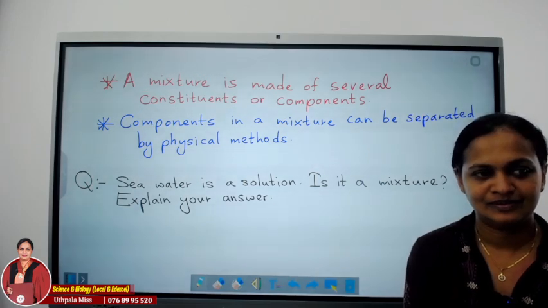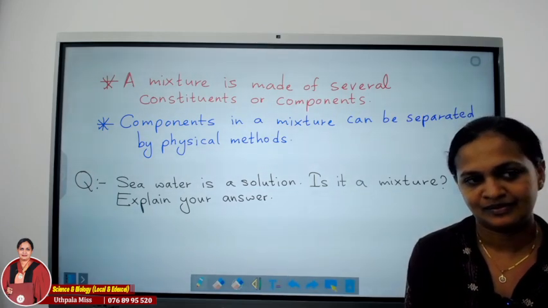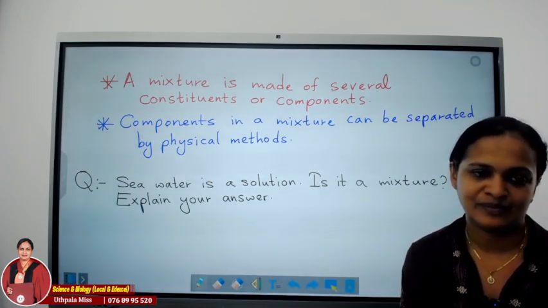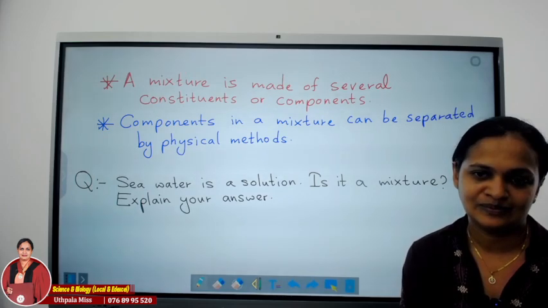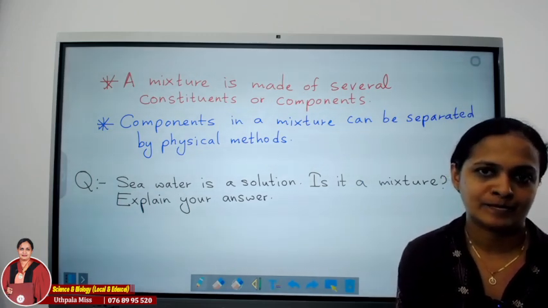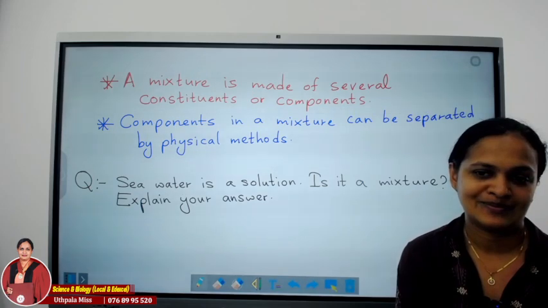Teacher, it's a mixture. It is a mixture of not only salt, it's a mixture of various things. That's why it is electrically conductive. If it's not a mixture and if it's a pure substance, teacher, then it won't be conductive.